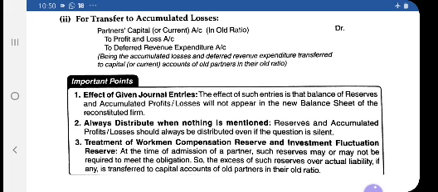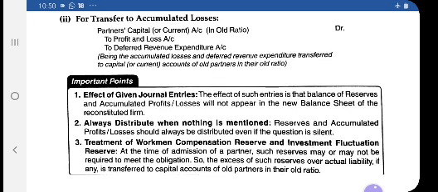At the time of admission, such reserves may or may not be required to meet obligations. If there is no claim regarding workman compensation reserve, or no change in the value of investment, then you simply distribute that money among the old partners.